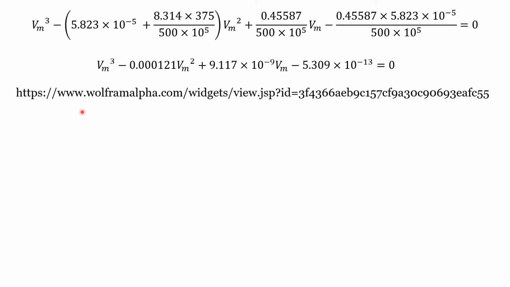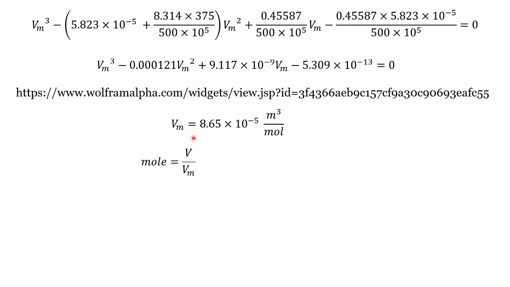So using this website, we can solve this equation and we will get 3 values of Vm. Out of 3 values, we have to consider the real root of Vm. So Vm will come out as 8.65 × 10^-5 meter cube per mole.